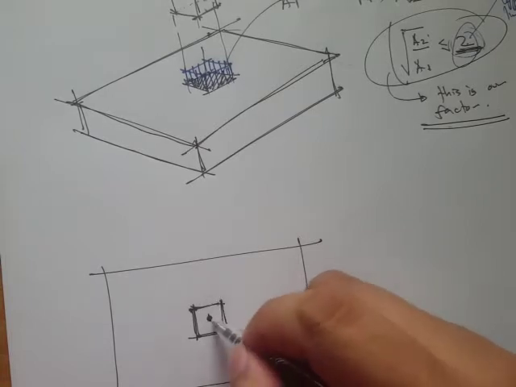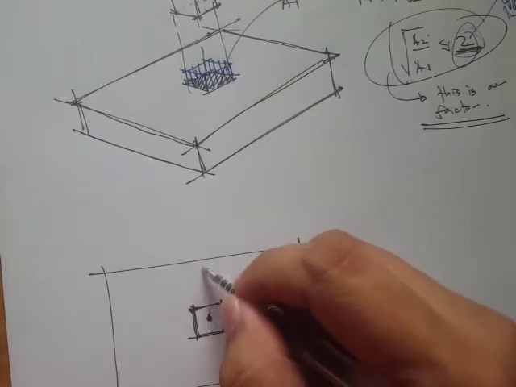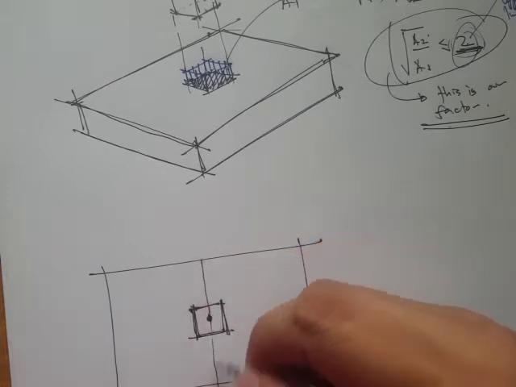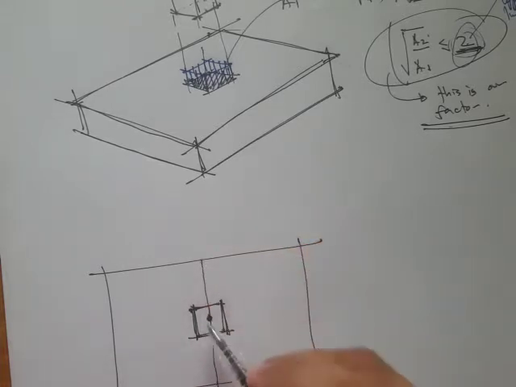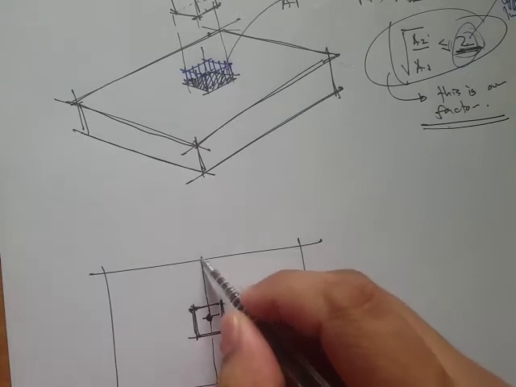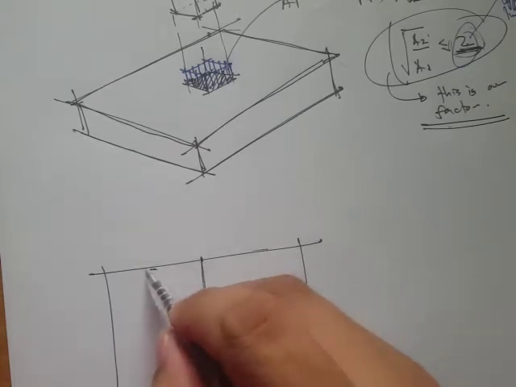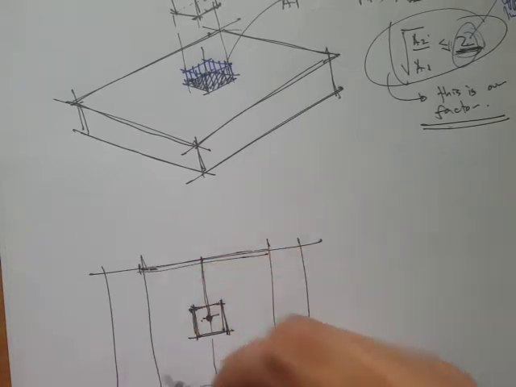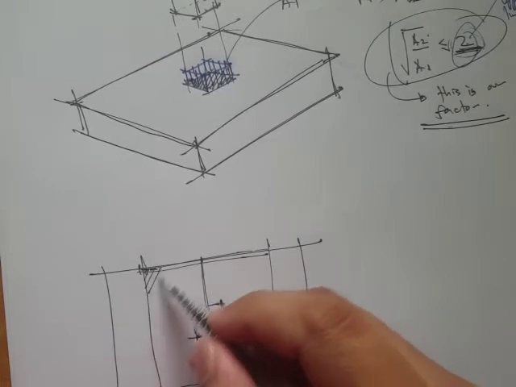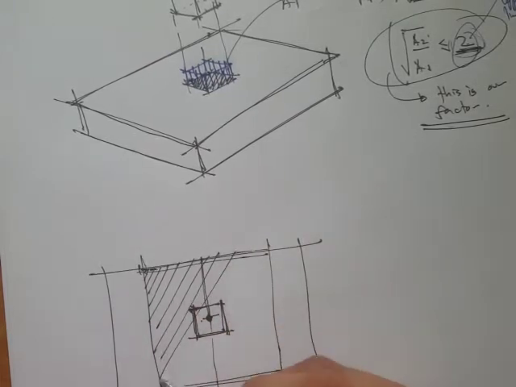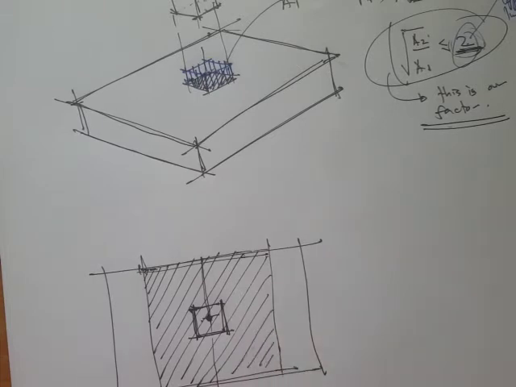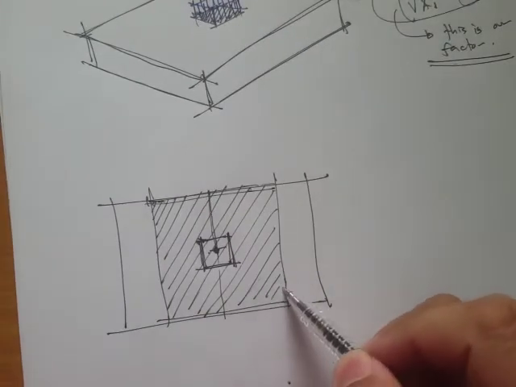Let's say this is going to be the maximum dimension, and since this is a square, we're going to have a square area as well. Okay, so it's something like that.